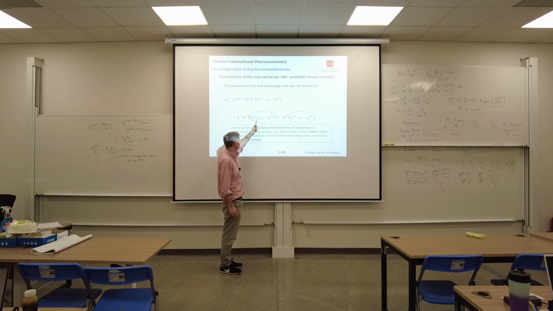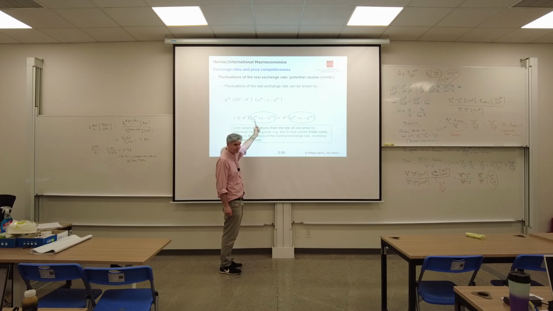Suppose you fix this and you fix that. Then, and it cannot change in the short run, then any change in the nominal exchange rate generates deviations from the law of one price and results in movements in the real exchange rate, right? But sticky prices plus nominal exchange rate fluctuations are not the only thing giving rise to deviations from the law of one price.